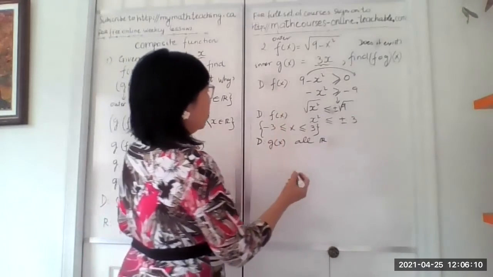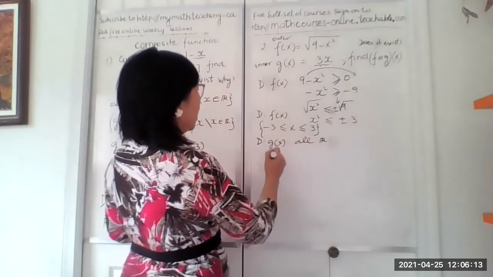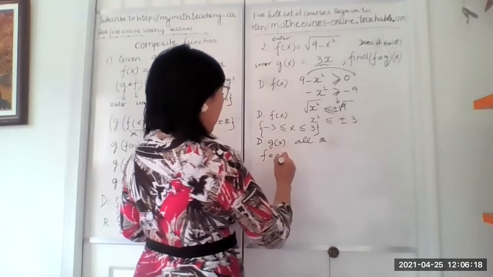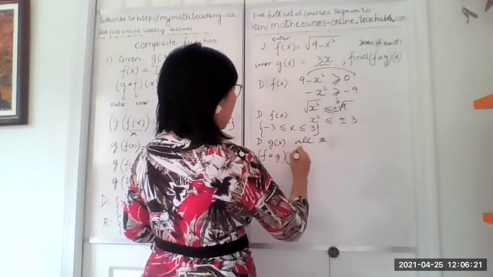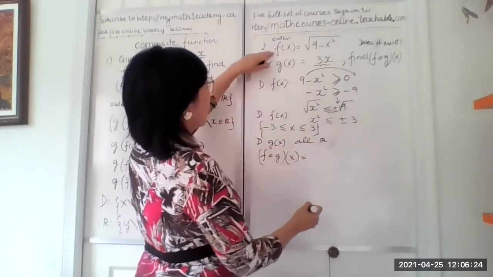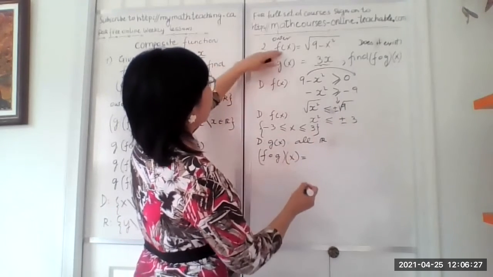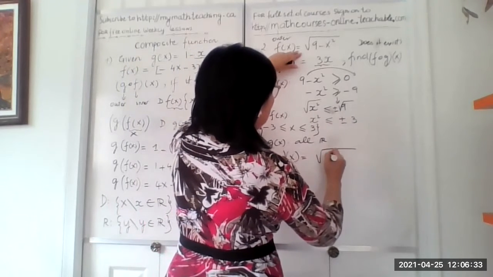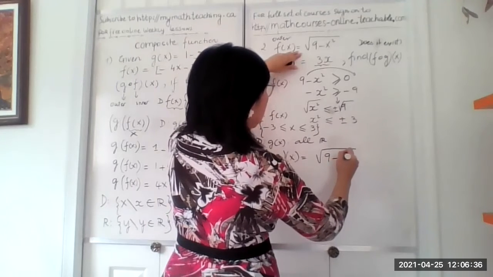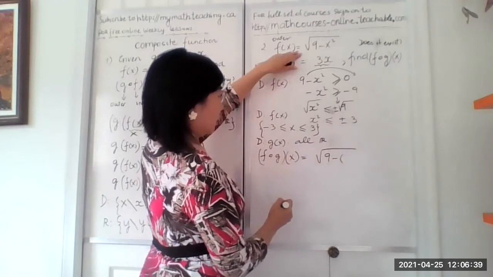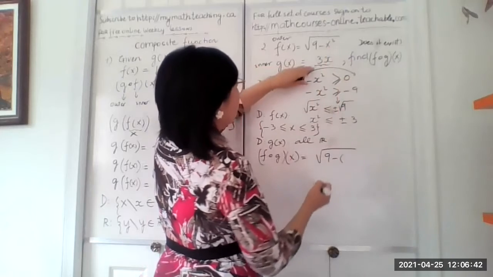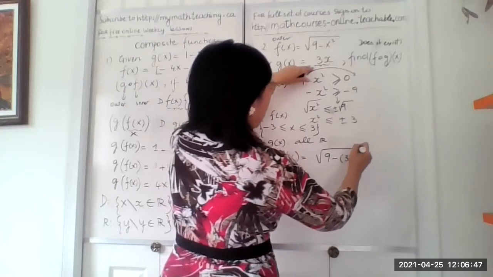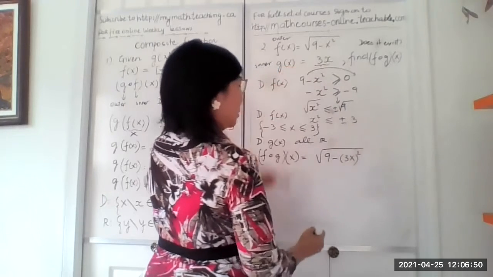So let's find out the composite function f of g of x first. F of g of x. This composite function is based on the outer function, which is f. So we're going to follow the expression of the outer function, which is the square root of 9 minus x squared, where x is substituted by the function g of x. So this will be 3x squared.